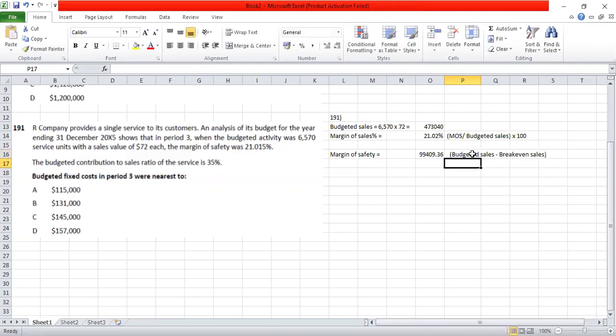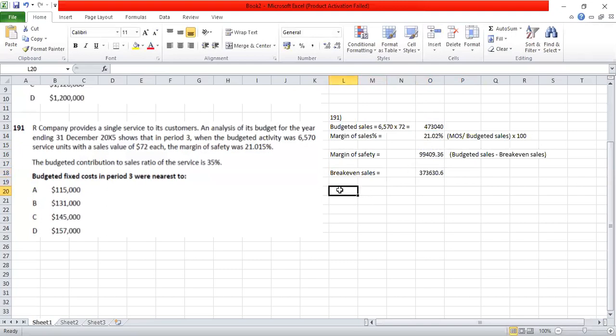Because we have budgeted sales and we have the margin of safety, we can find out what break-even sales is.